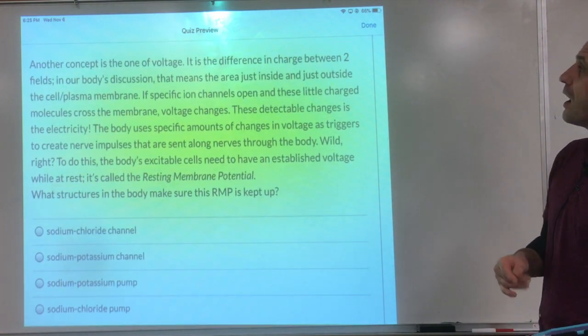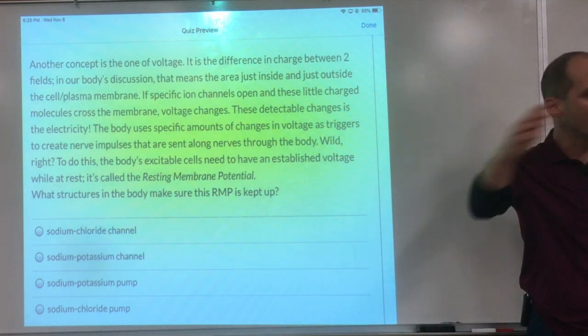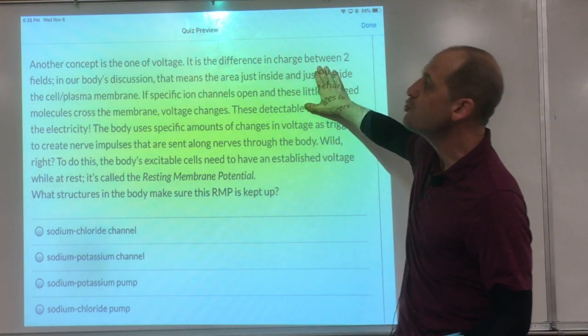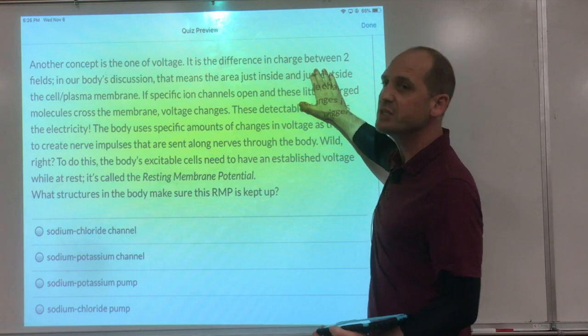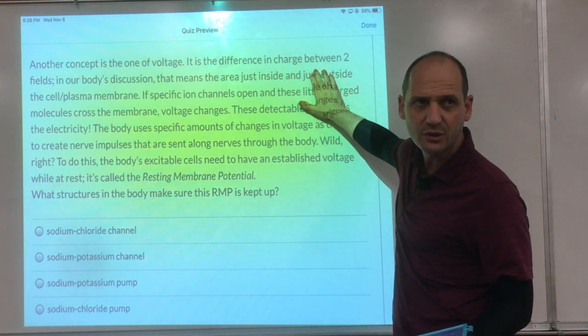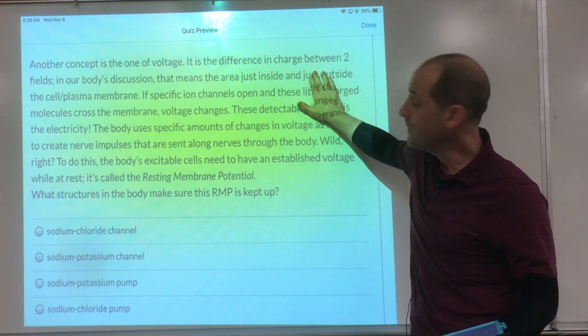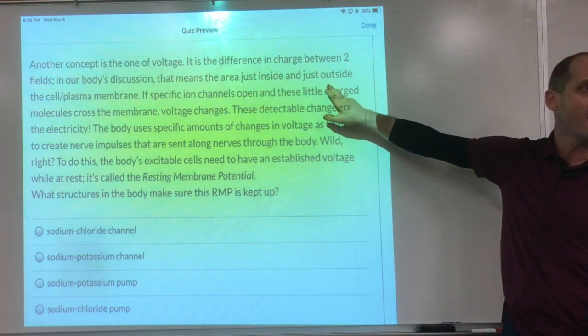So now let's move along into another concept, and that's voltage. Voltage is the difference in charge between 2 fields. In our body's discussion, that means it's a difference in charge, in how much negativity, how much positivity we have between just inside and just outside of the cell membrane.